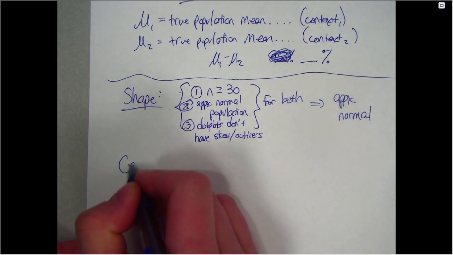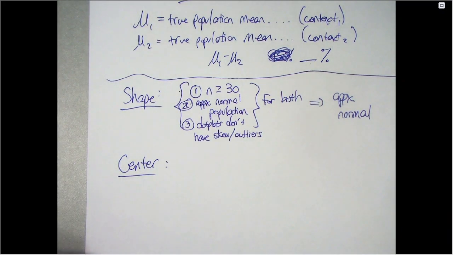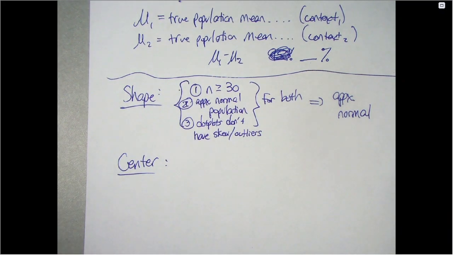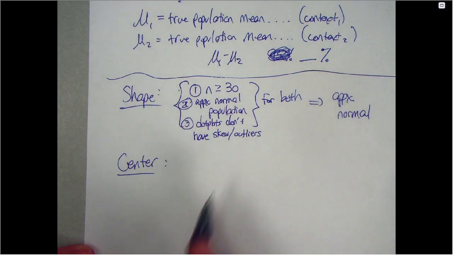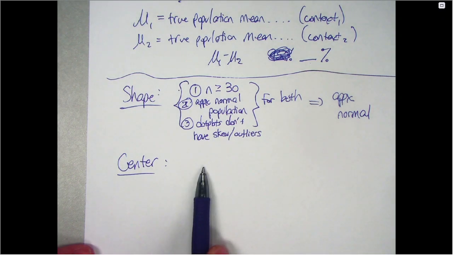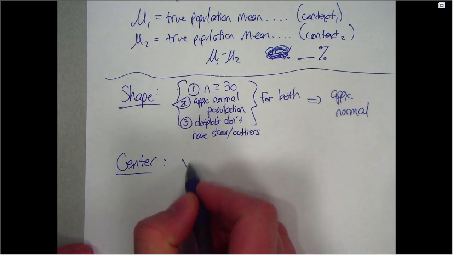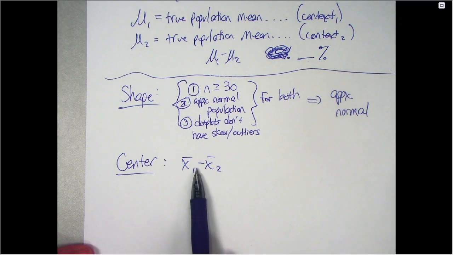So the center is going to be whatever the order that you decide. I wrote mu1 minus mu2 up there, so I'm just going to keep it in that order. But I can't say the center is mu1 minus mu2 because I don't know those. I don't have the population mean. I have to say the center is x bar 1 minus x bar 2 because the only thing I have is the sample data.